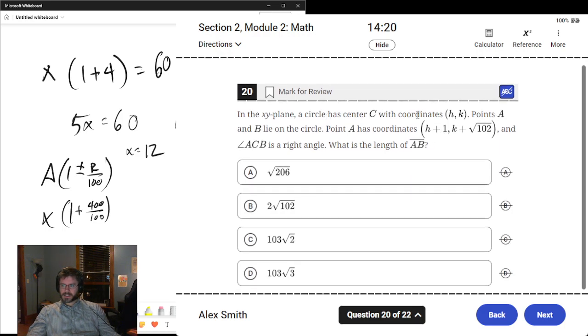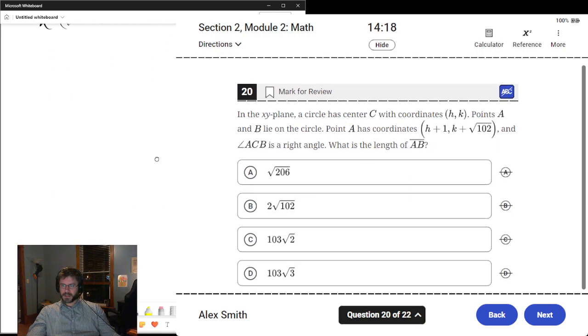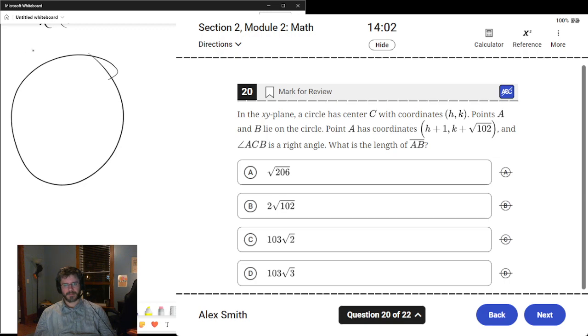Okay, it tells us there's a circle. A and B lie on the circle. A has coordinates there. And ACB is a right angle. Wow, this is what I was talking about. These ending questions are beasts. Okay, so we got a circle. HK is the center.